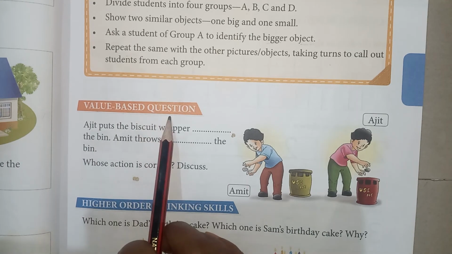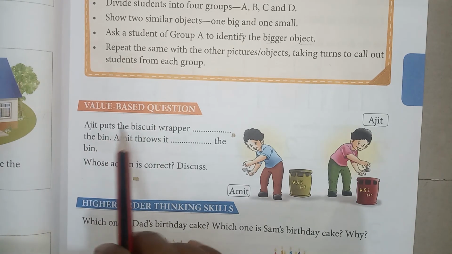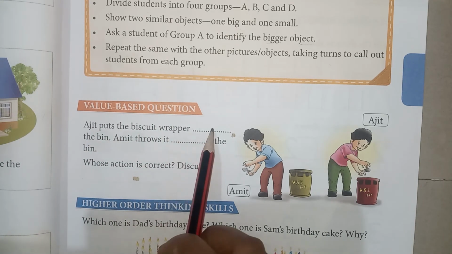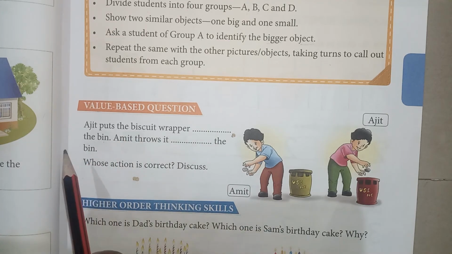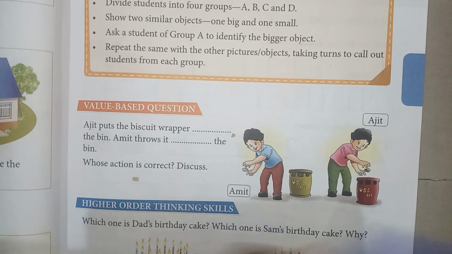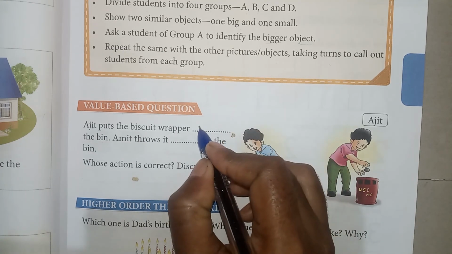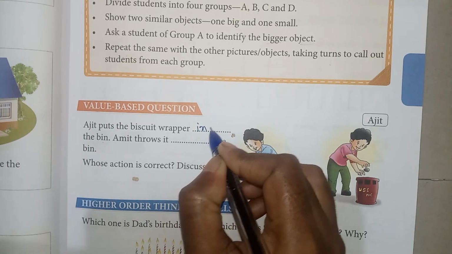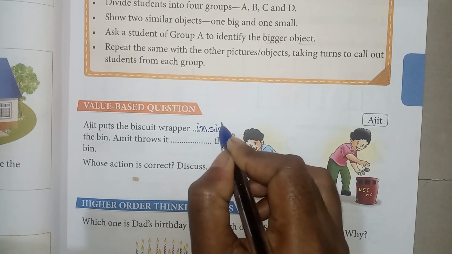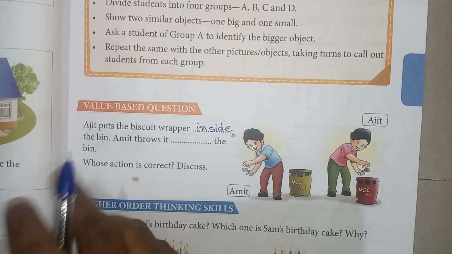Now here, value based questions. Ajit puts the biscuit wrapper dash dash the bin. Where is he putting? Inside the dustbin. Yes.